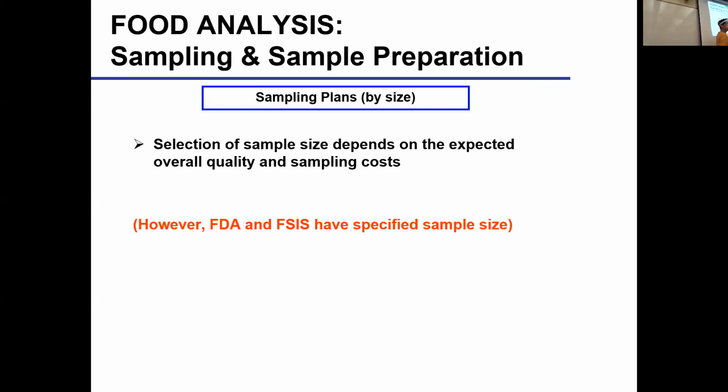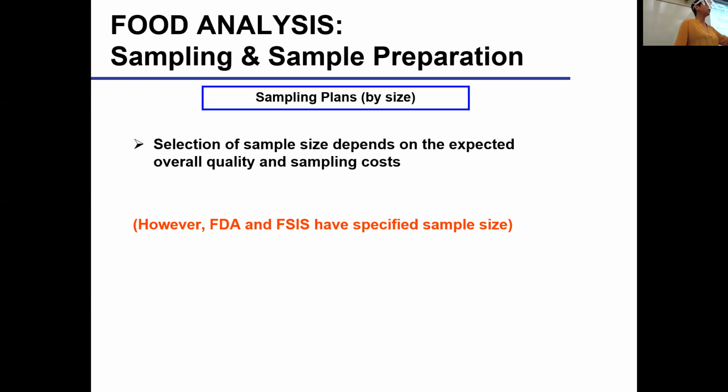FSIS says 6 samples, not 12. Okay, so that's the difference, but that is something that you have to take into account when it's a federal regulation. Drew, yes, you have a question? Yeah, so you said FDA is 12, and then you said FSIS like 3 or 6.